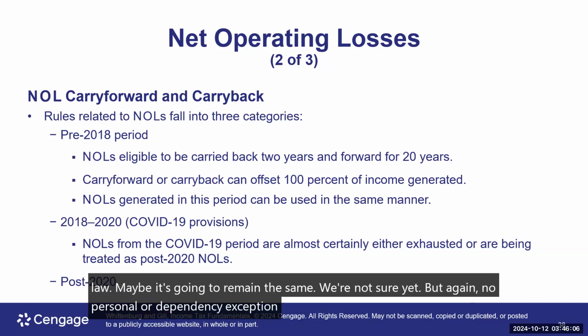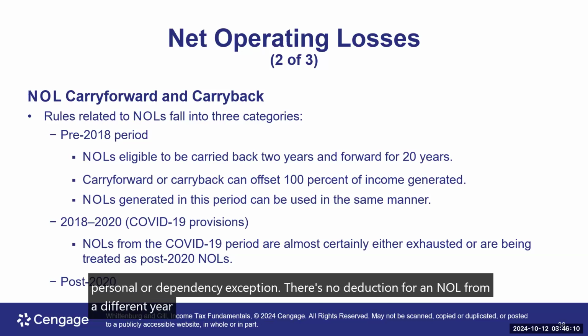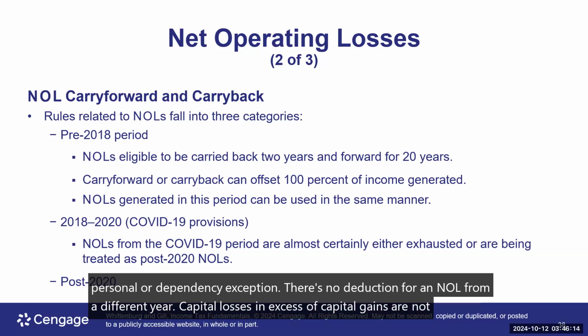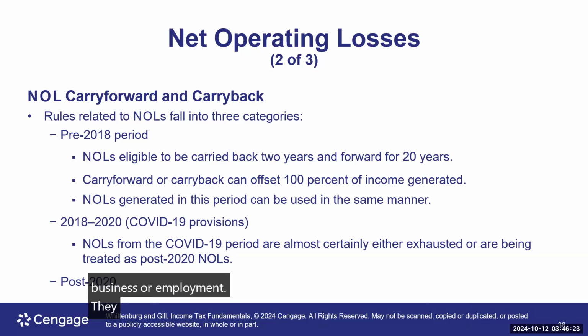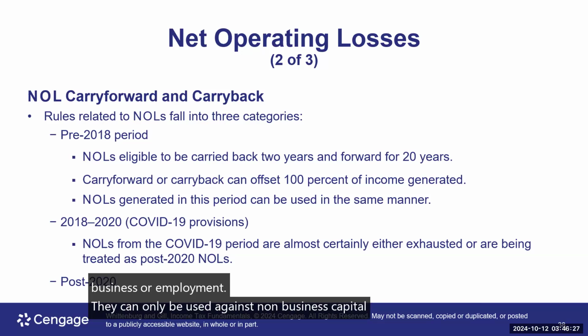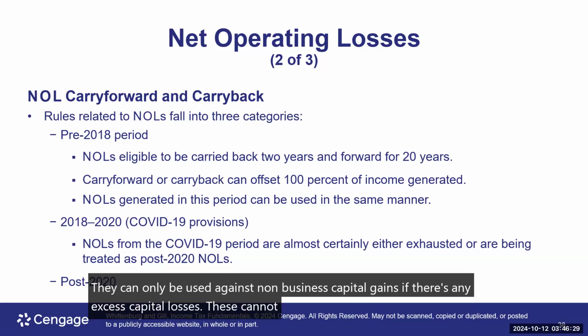There's no deduction for an NOL from a different year. Capital losses in excess of capital gains are not allowed. Any non-business capital losses, so those that arise outside of a trade or business or employment, they can only be used against non-business capital gains. If there's any excess capital losses, these cannot increase the net operating loss.